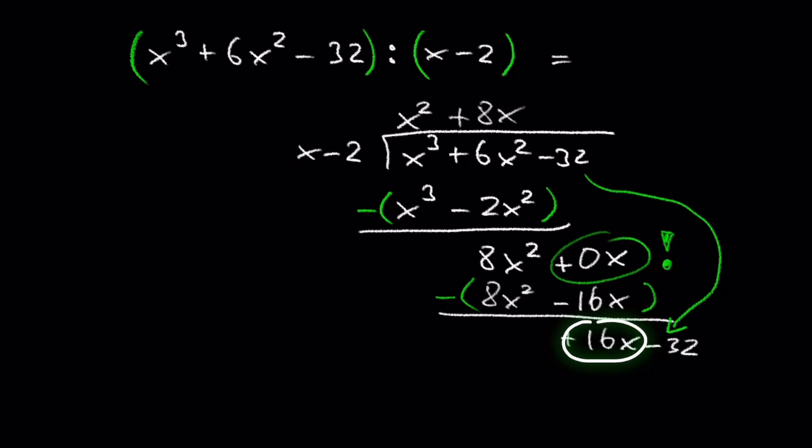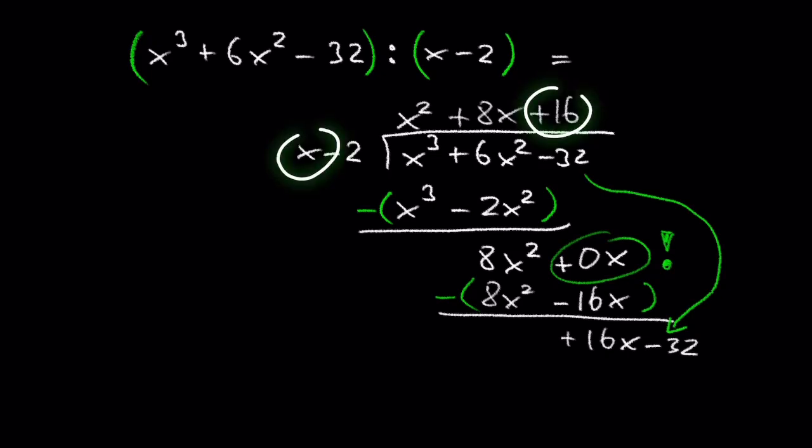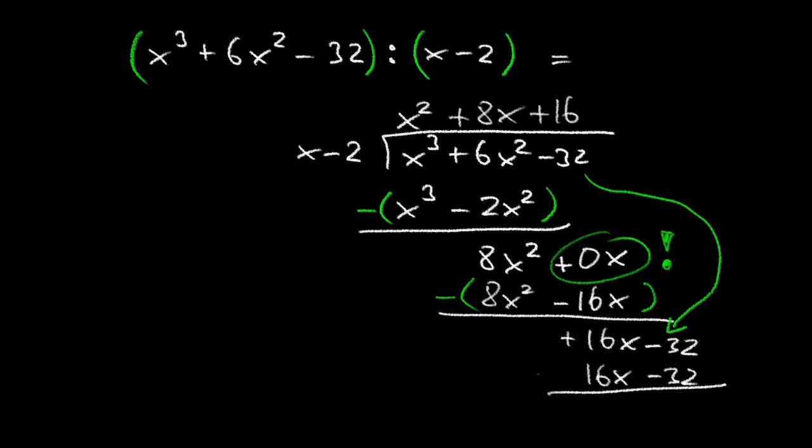Sixteen x divided by x is 16. 16 times x is 16x. And 16 times negative 2 is negative 32. Sixteen x minus 32 minus 16x minus 32 is 0, and we are done with this problem.